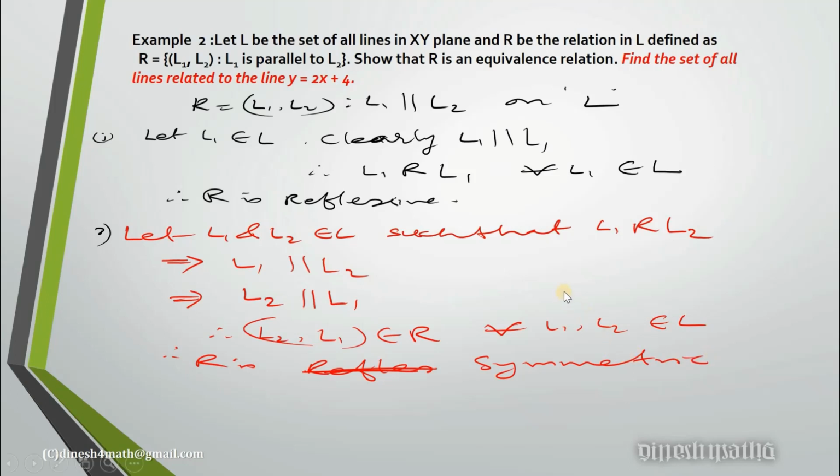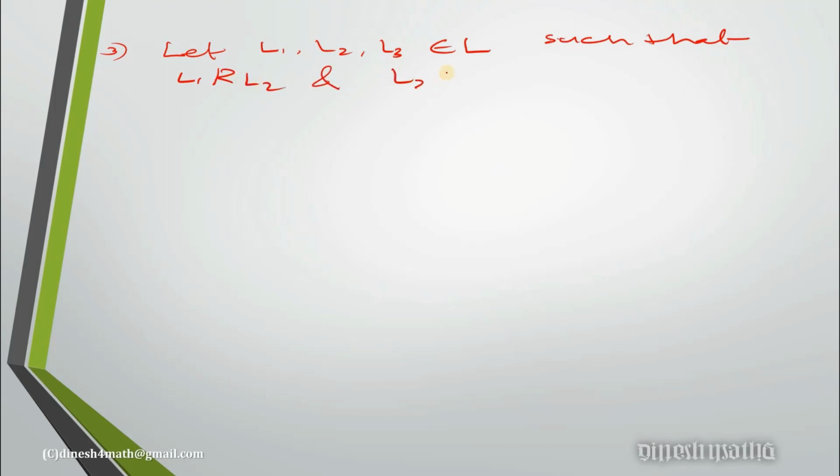Okay, now we'll go for the third step. Let L1, L2 and L3 belong to L such that L1 is related to L2 and L2 is related to L3. Now say how they are related.